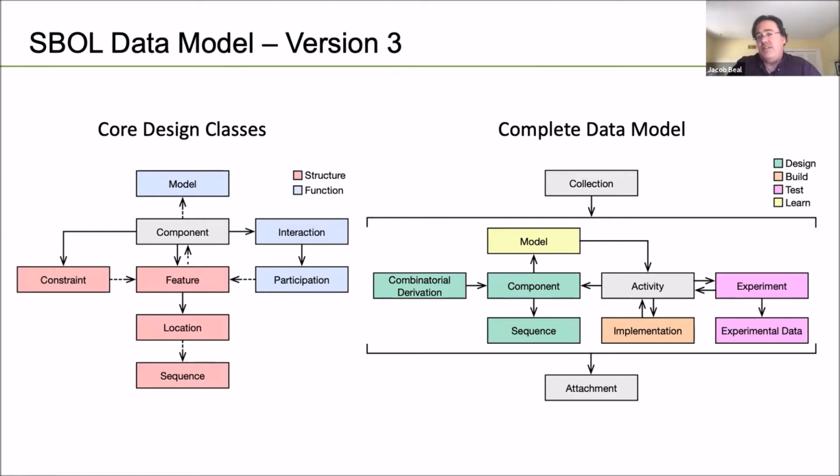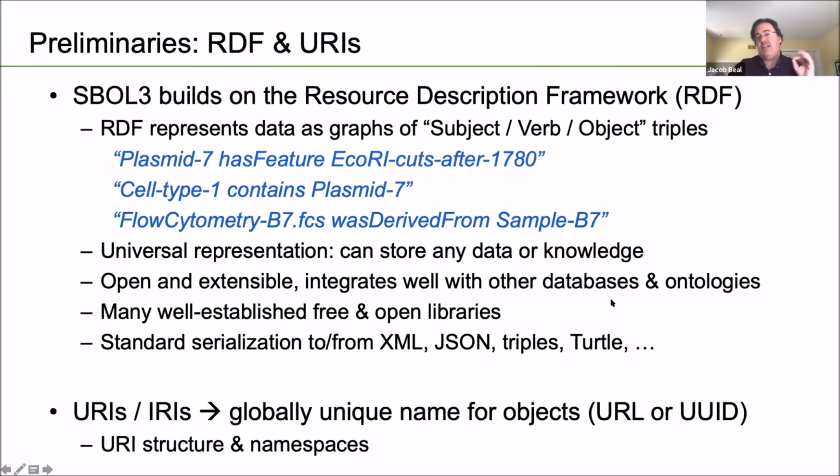That's our equivalent of a file folder, and attachments for putting pointers to stuff of any indeterminate file type out there in the world. So we're going to go through each of these in turn. But first, a little technical preliminary.